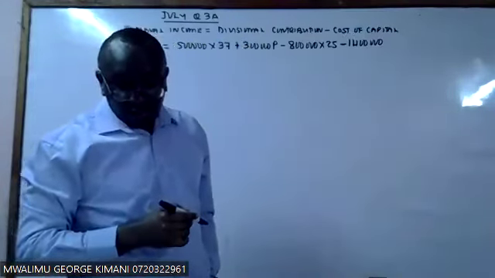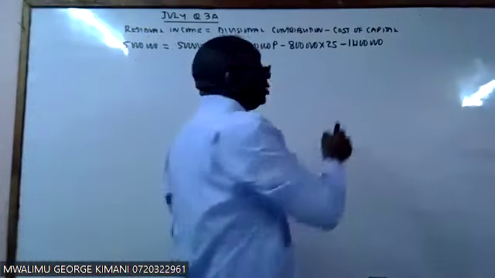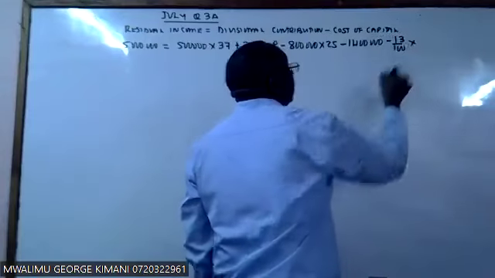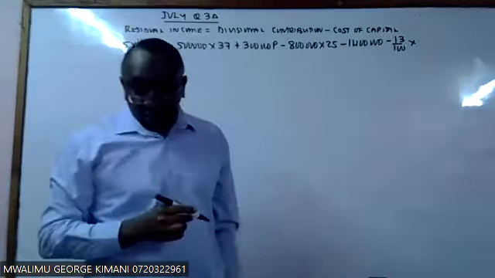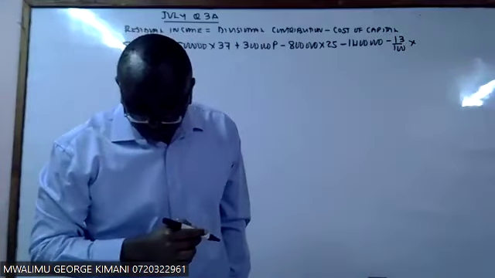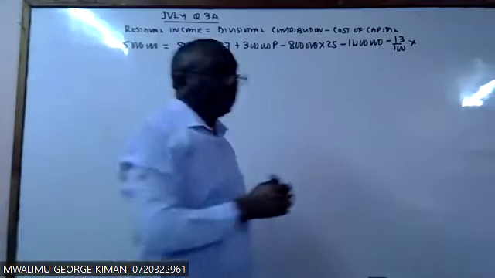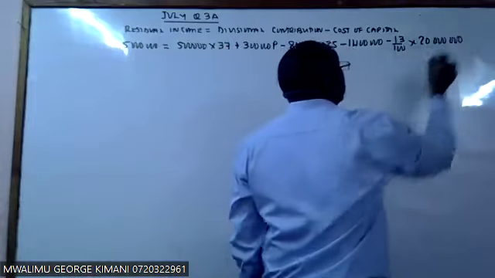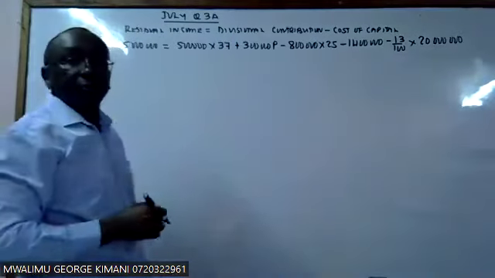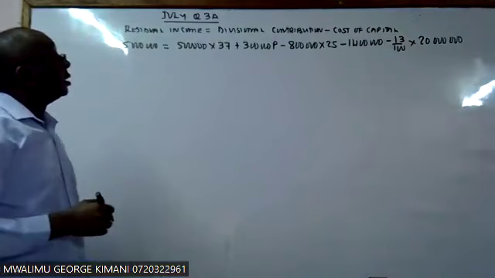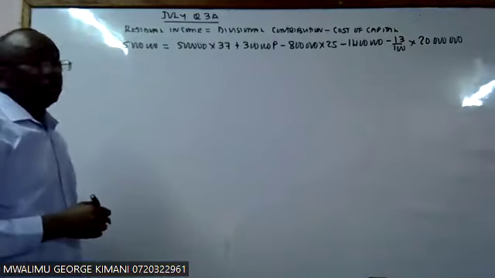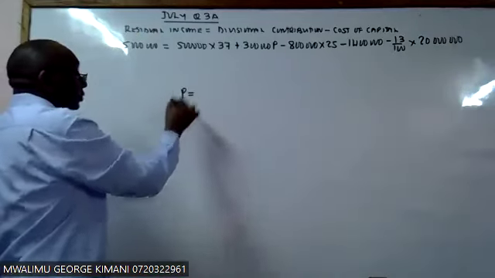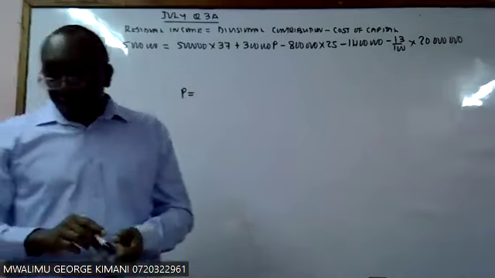Then you are supposed to subtract the cost of capital, which we are told is 13% of the capital employed, which is 20 million. So I believe you can solve and finally tell me what is the value of P.